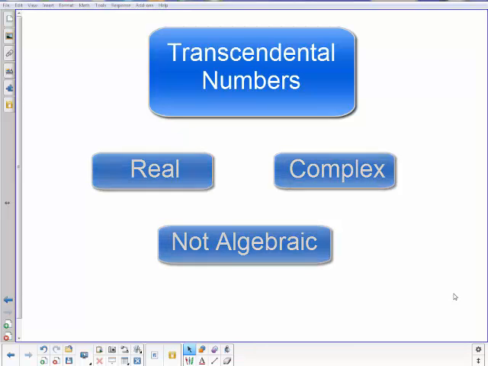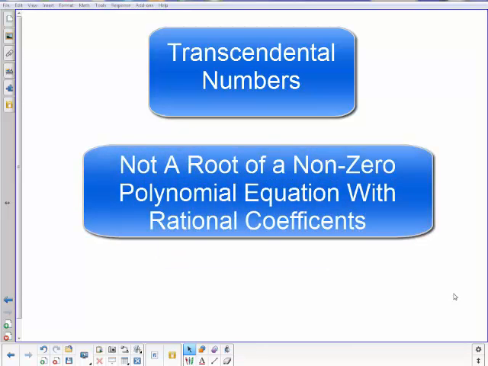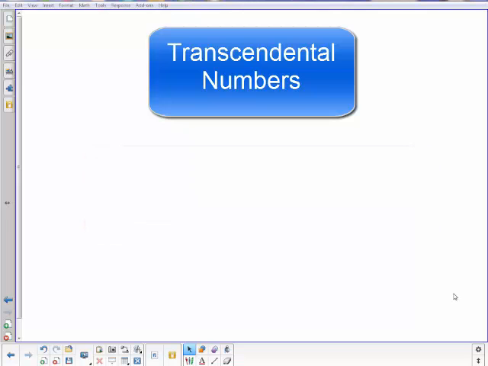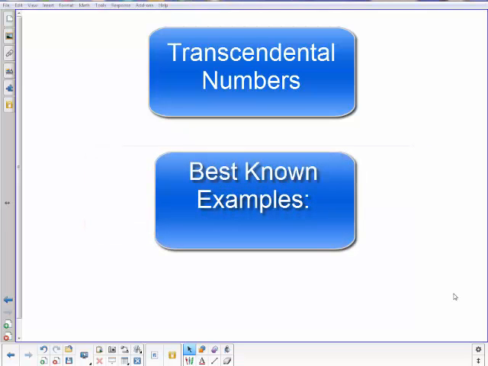That is, it is not a root of a non-zero polynomial equation with rational coefficients. These topics are beyond the scope of this course. However, the best known examples of transcendental numbers are pi and e.